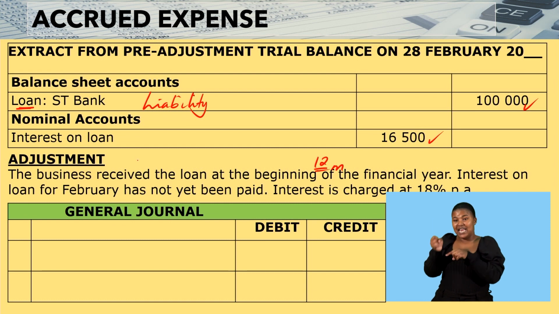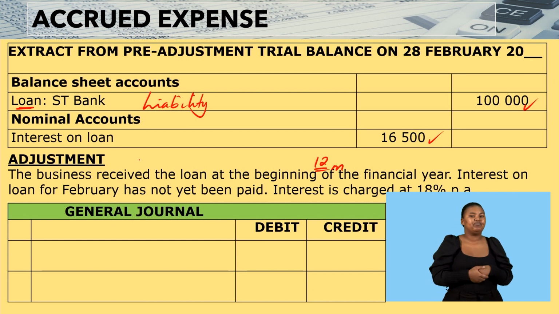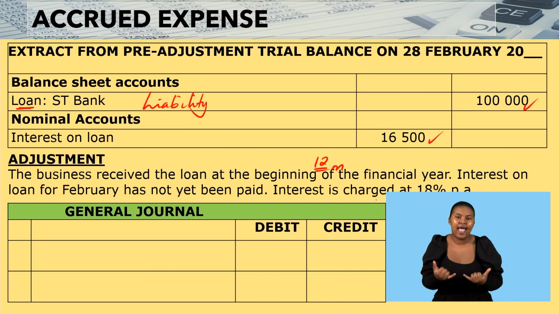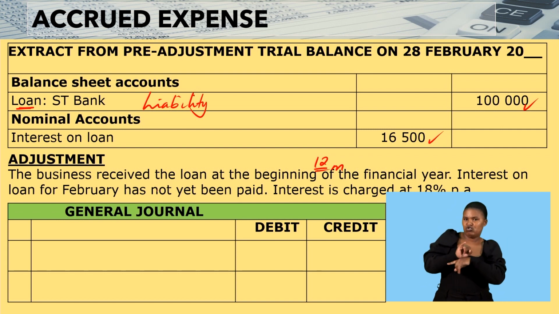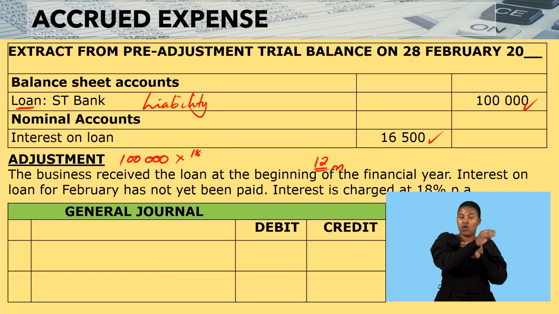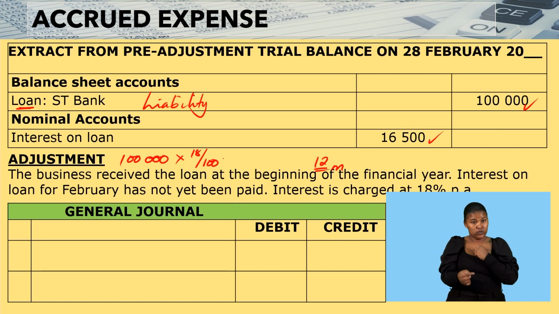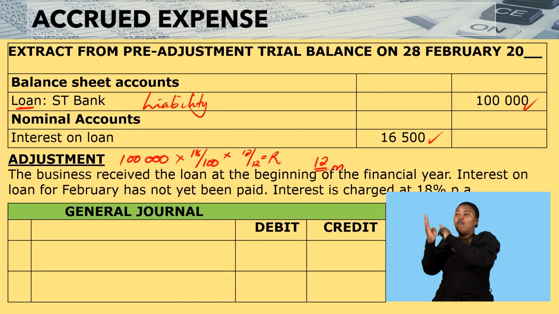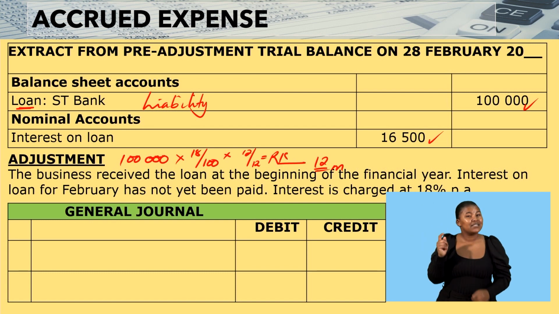Again, I want us to do it in the way that I did it earlier on. Here they're telling us that interest for February has not yet been paid. I want us to see how much we should have paid. Therefore, I'm going to take the loan, which is 100,000. The interest is at 18%, 18 over 100. For the entire year, we should have paid interest of 18,000.